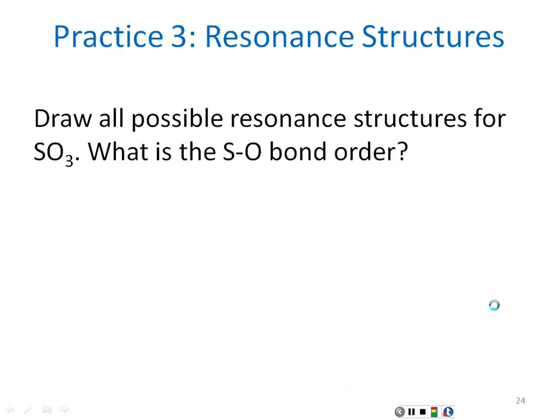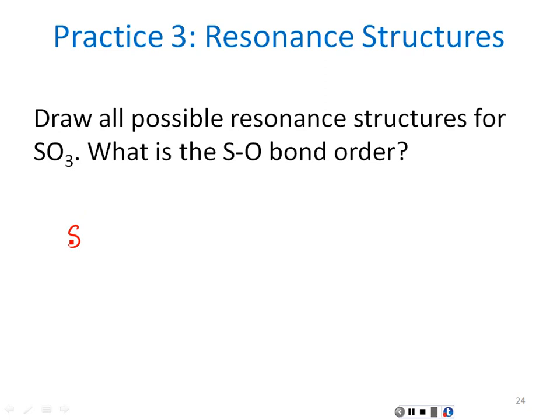So let's practice resonance structures. Draw all possible resonance structures for SO3. And what is the SO bond order? So let's first draw the Lewis structure. Sulfur would be the center atom.